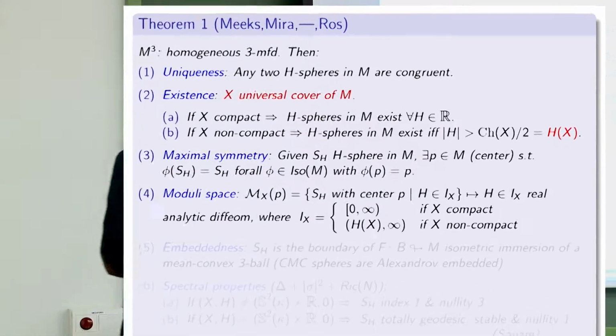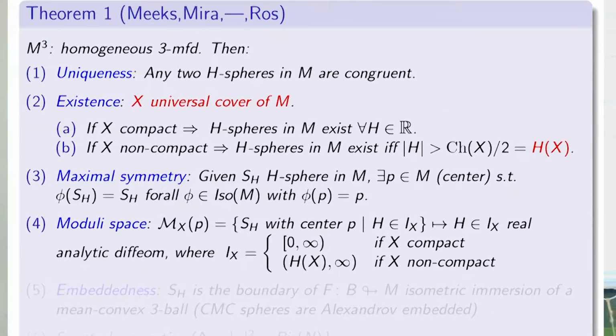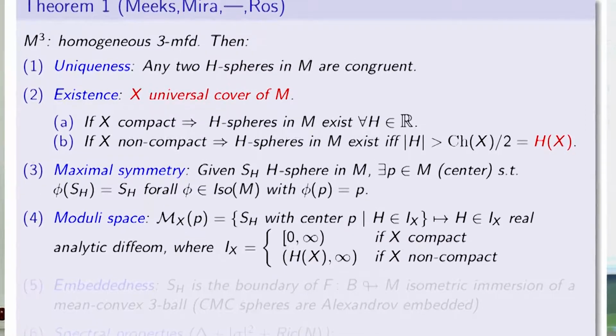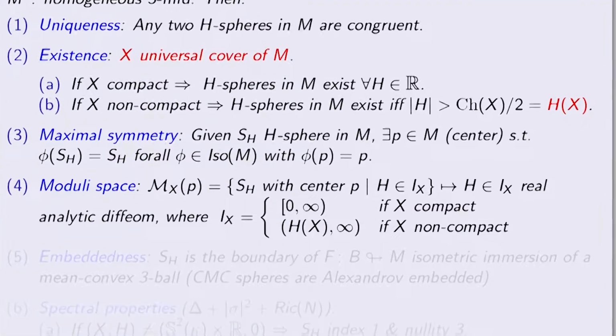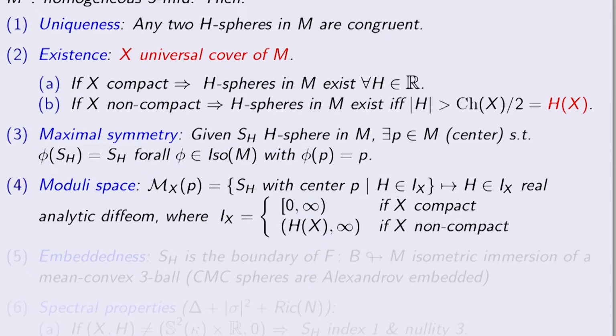About the moduli space, of course, I have one H sphere, so I fix H, then I can move the sphere all around the ambient space. So in order to talk about the moduli space, I'm going to normalize in some way.